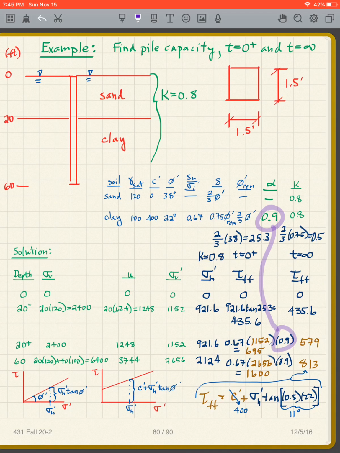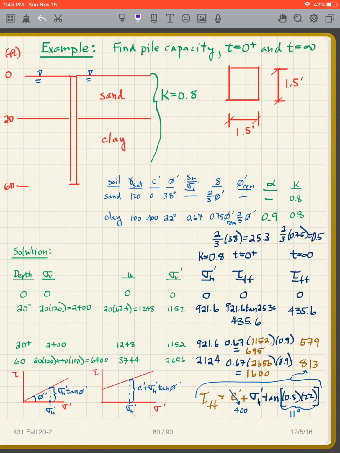So I put in the 0.9 there to get my tau ff. Remember the alpha is because of the smoothness of the pile and disturbance of the clay, etc. So I get a slightly reduced tau ff. So I have a tau ff there, I have a tau ff there.